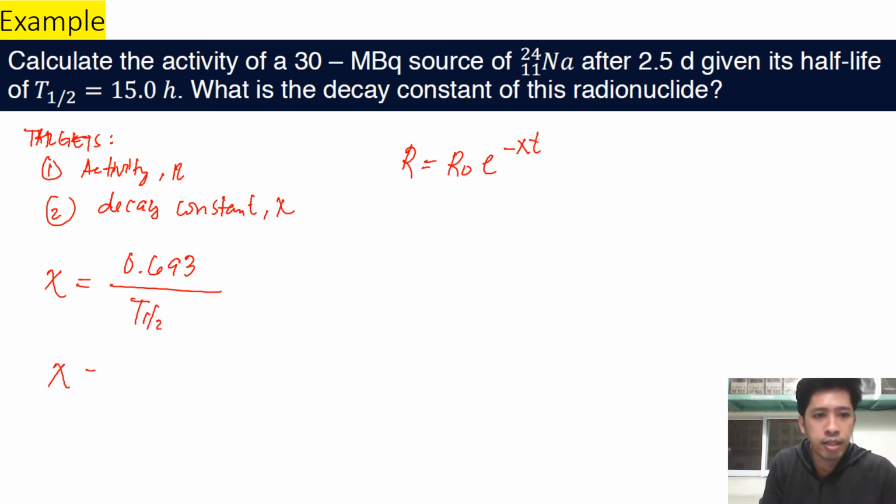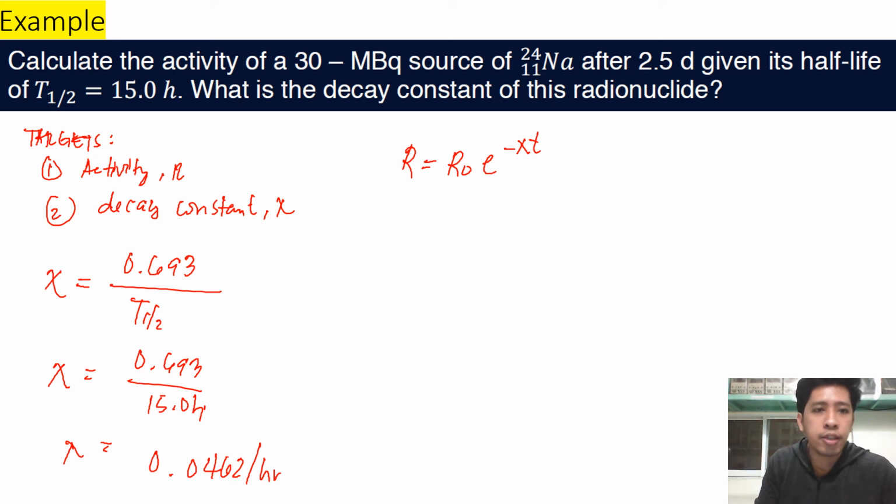So your lambda is equal to 0.693 divided by 15 hours. And your lambda is equal to 0.0462 per hour. So we now have our lambda, and we can now solve for your activity R.